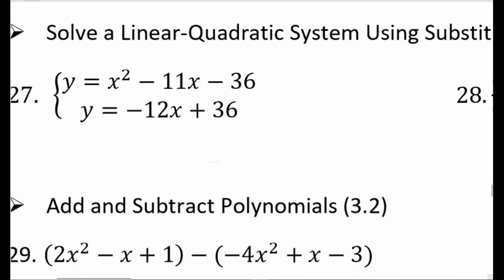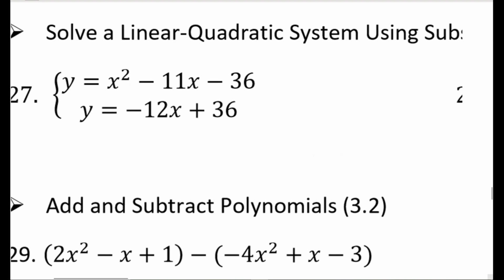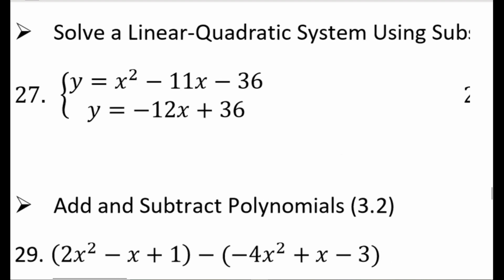So we have a linear quadratic system using substitution. All right, so let's solve linear quadratic systems. We know it's linear quadratic because you have a linear equation here and you have a quadratic here with that 2 as the highest power.